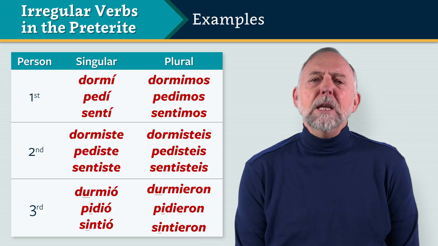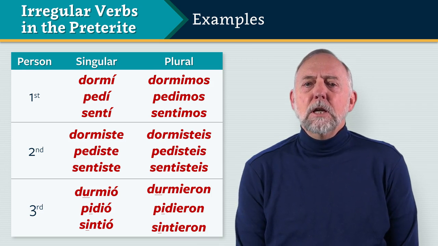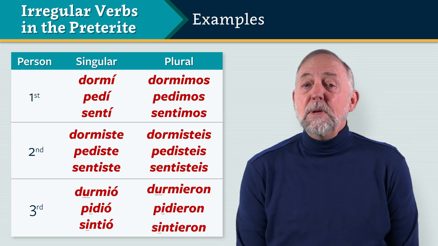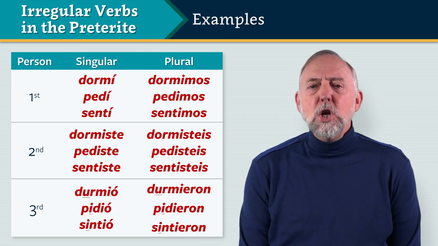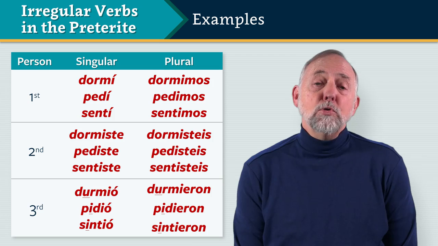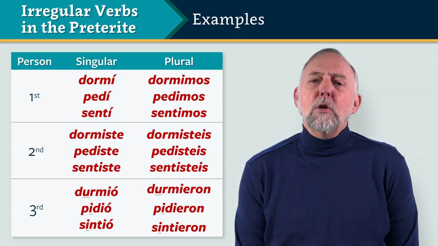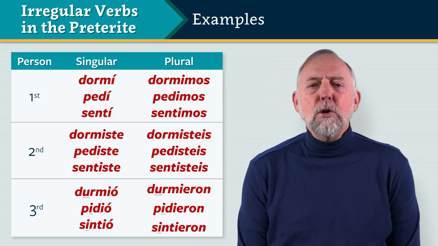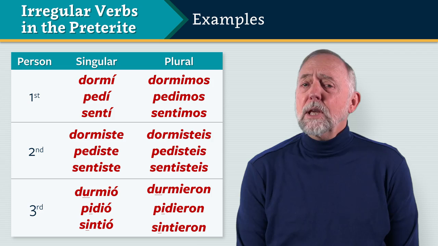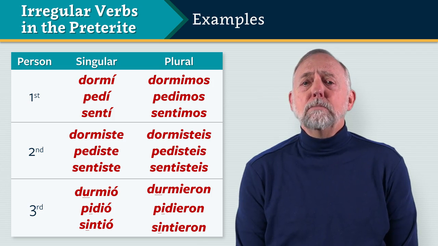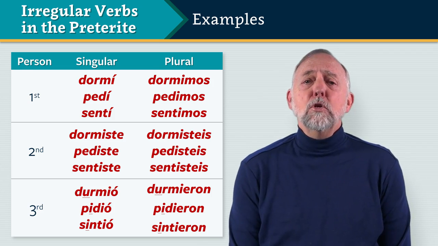So let's take dormir, to sleep. Dormí, dormiste, durmió. There the o changes to u. Durmió. Dormimos, dormisteis, durmieron. So these changes are only affecting the third person singular and plural. Let's take another verb in this group.